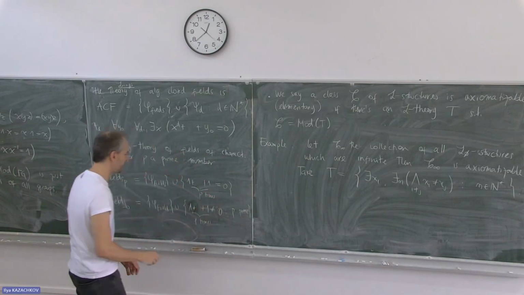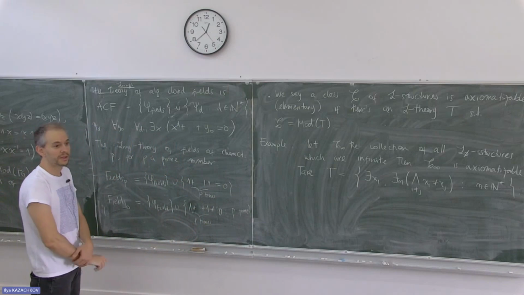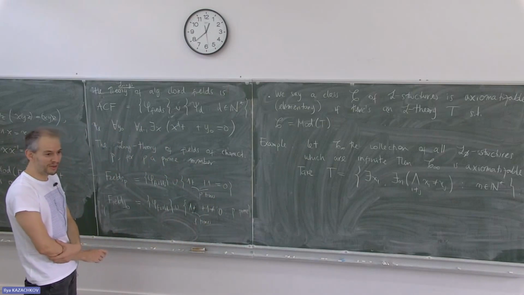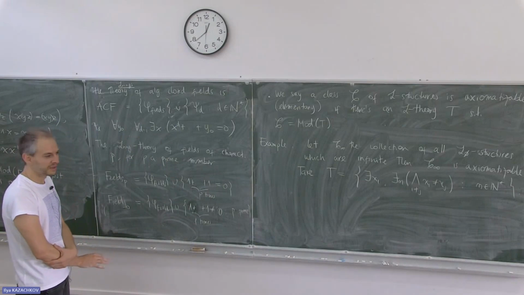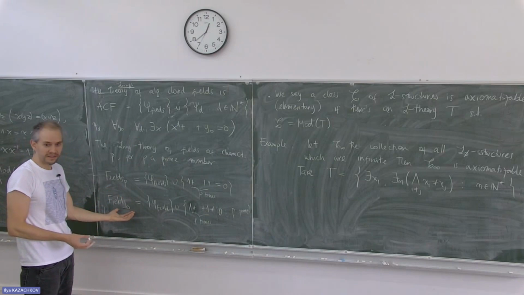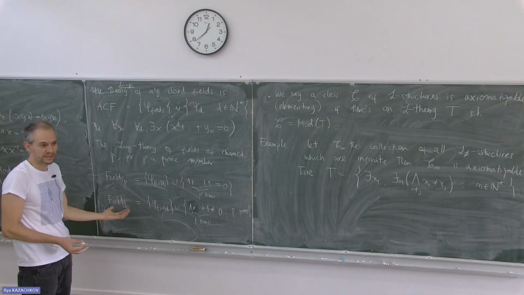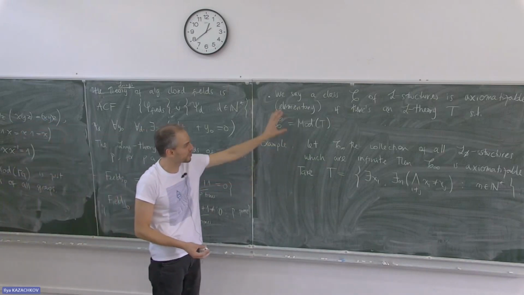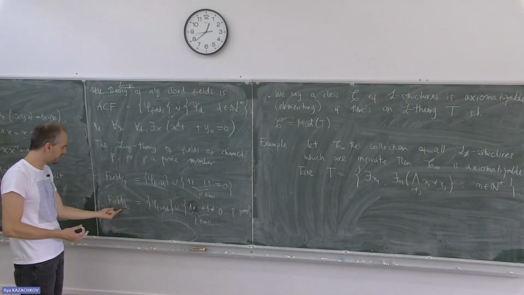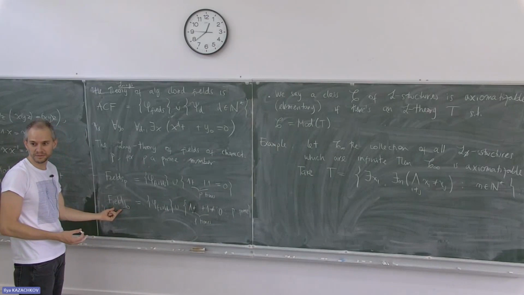I was going to ask if there is a way of putting that with finitely many ones. That's a very good question. This is a question about whether a theory is finitely axiomatizable, right? It's similar to the question that we were asking before: is there a way in which I can present this with only finitely many axioms?